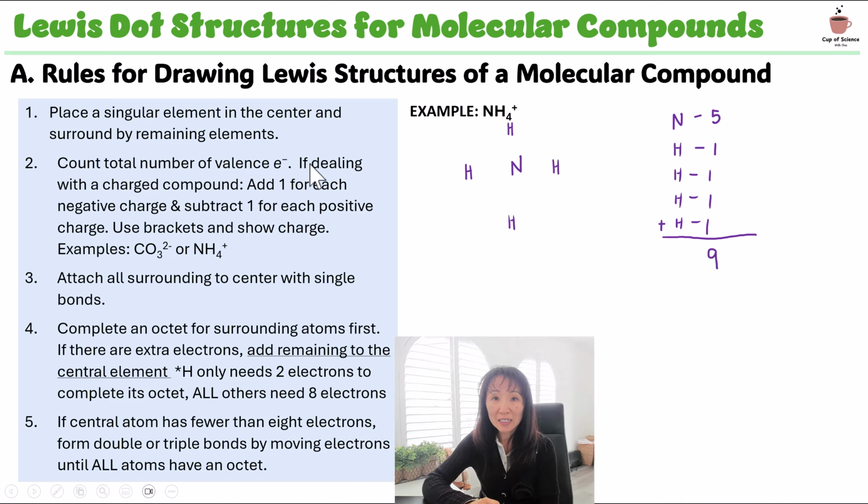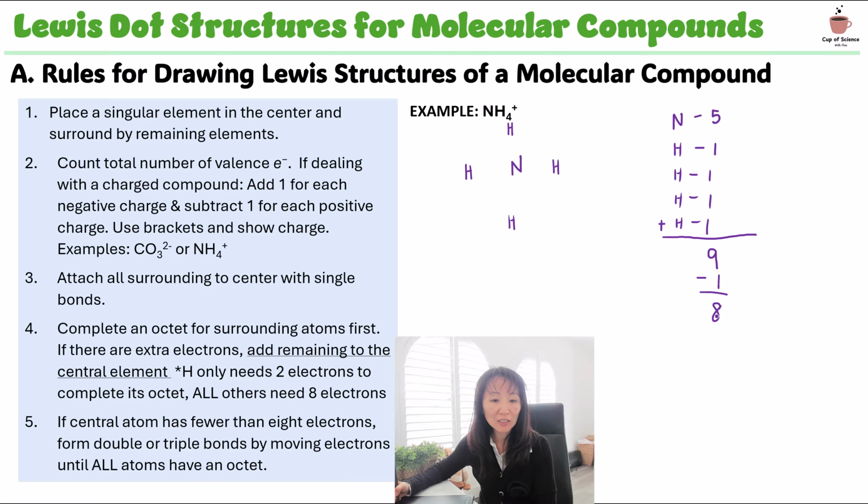Now, it has an additional rule, which says if dealing with a charged compound, add 1 for each negative charge and subtract 1 for each positive charge. And at this point, the charge is positive 1. So we're going to take out 1. So we are dealing with a total of 8 valence electrons.